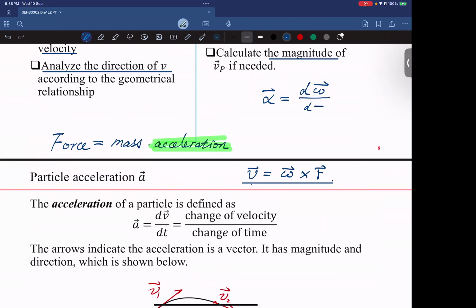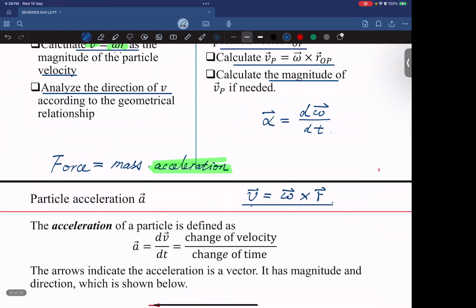We just talked about this in the previous slide, and we will discuss it later. So this is what we call the angular acceleration.